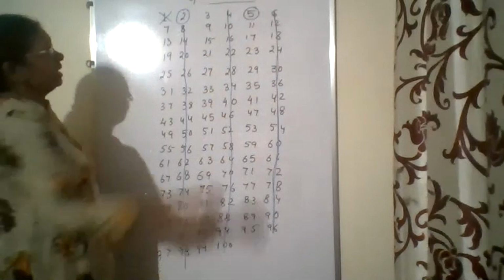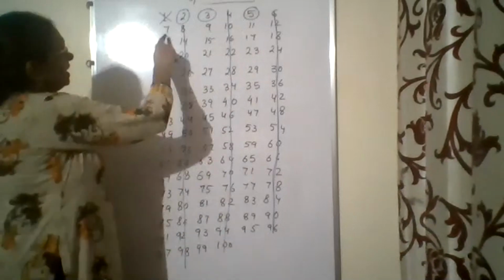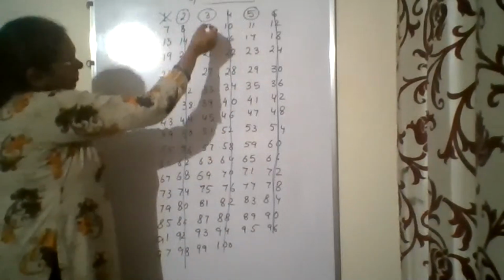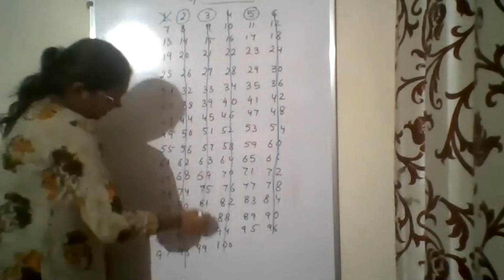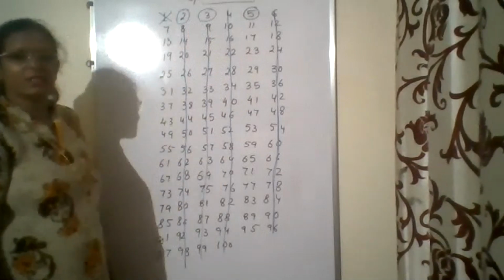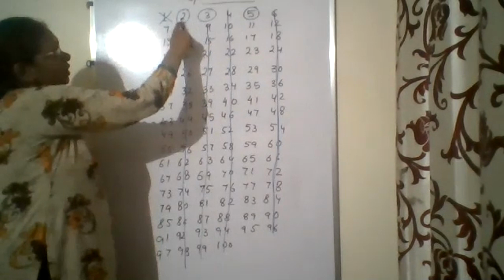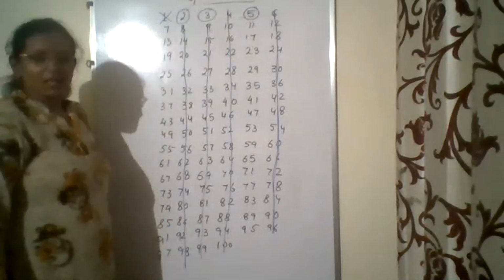Now 5 is also a prime number. And the numbers below 3 are all numbers divisible by 3, so you can strike off all these numbers, leaving 3, because 2, 3, 5 are prime numbers.